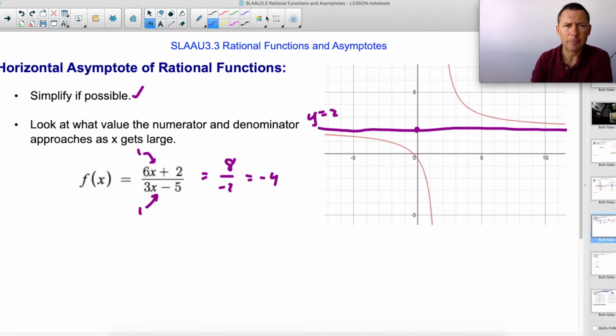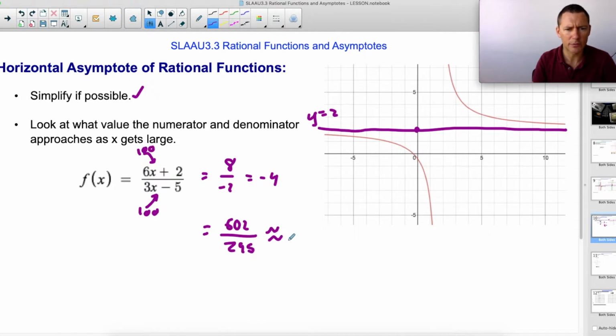If you put really big numbers in, not just 1, but like 10, or maybe 100 or 1,000, let's put 100 in there. This would be 602. And this would be 300 minus 5, so 295. This is about 600, and this is about 300.